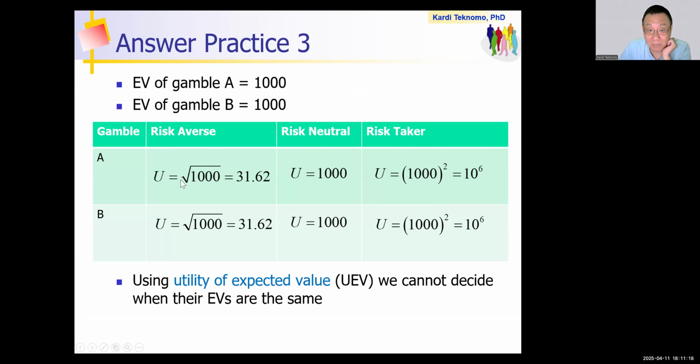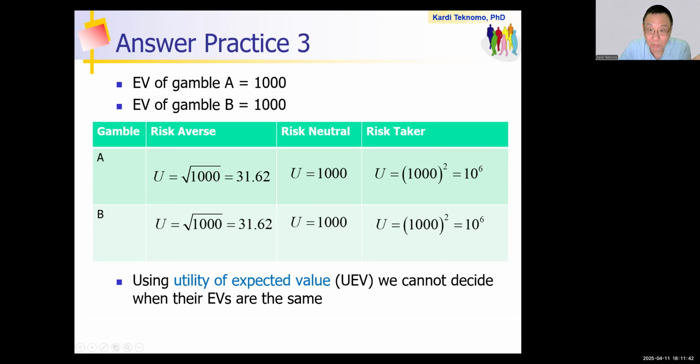So for risk averse, remember polynomial we use square root. And then for risk neutral, of course, this is already EV, so we use just the EV. And then for a risk taker, we use square. Now, this is an attempt.